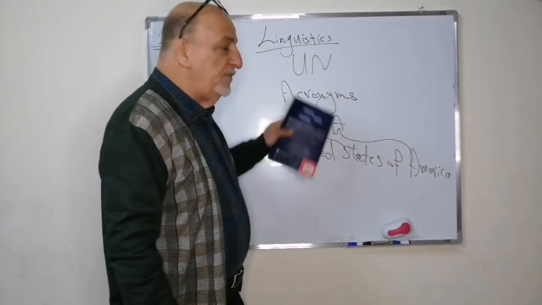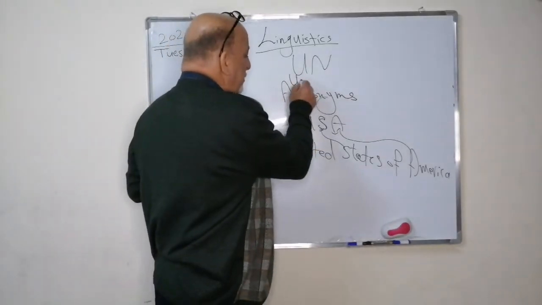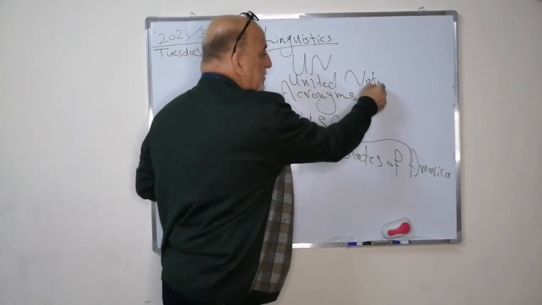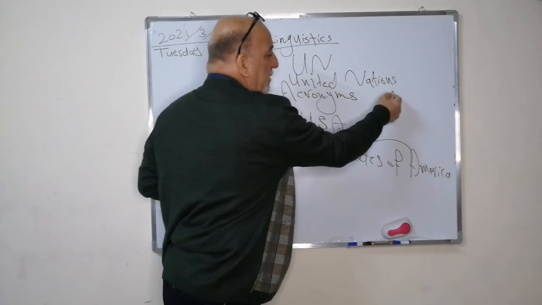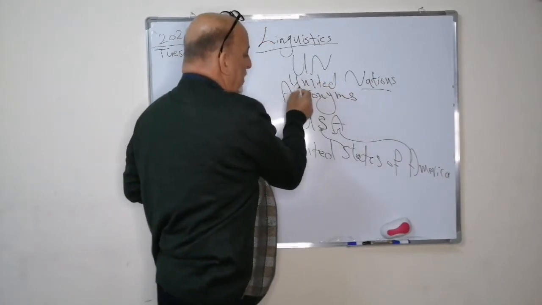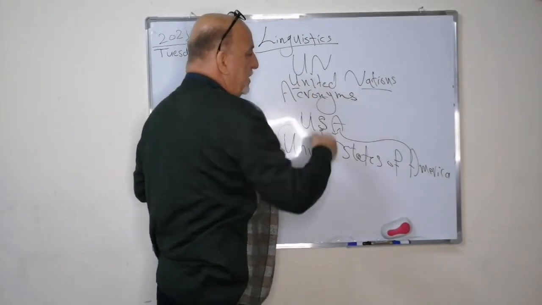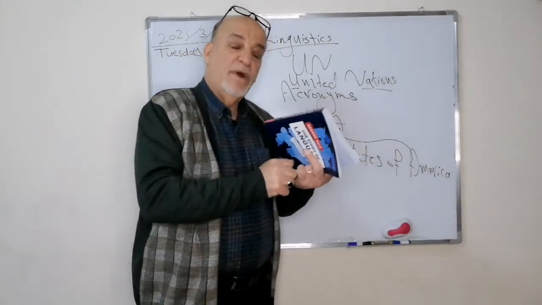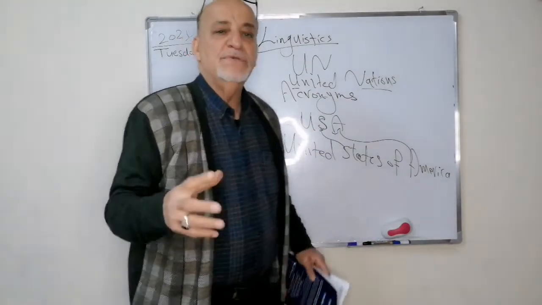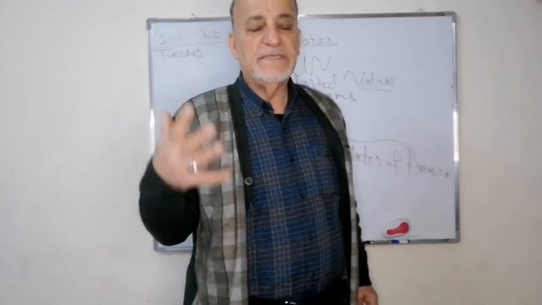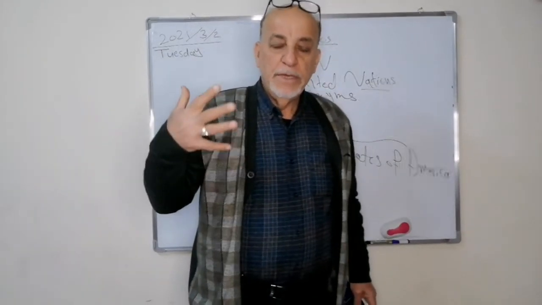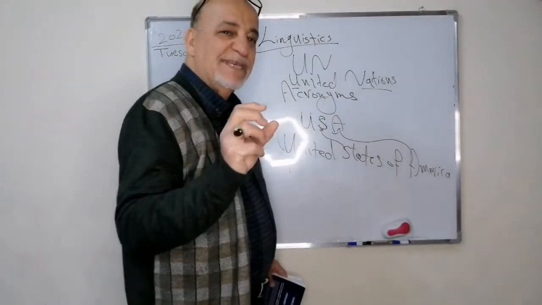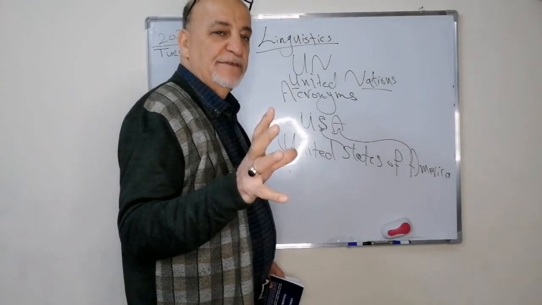Also, United Nations. See the word United, Nations, المتحدة. I took U from United, then I took N from Nations, then I created a new word that is UN. My point concerning acronyms is that here we pronounce this word as separate letters.